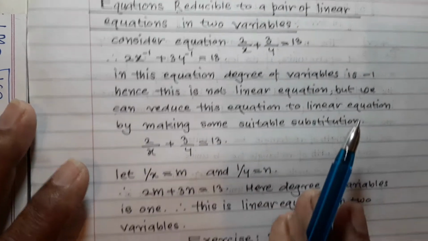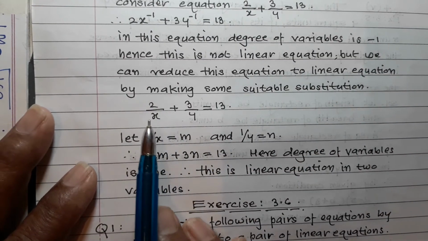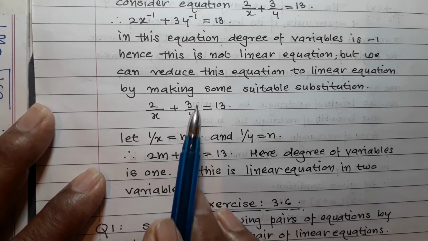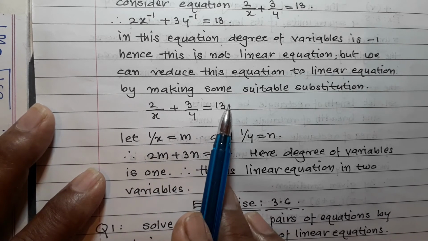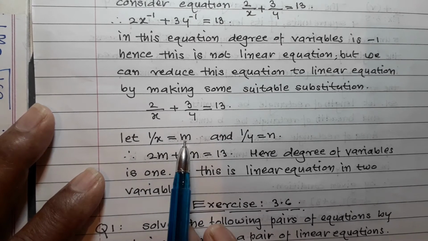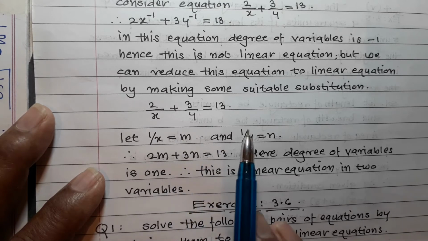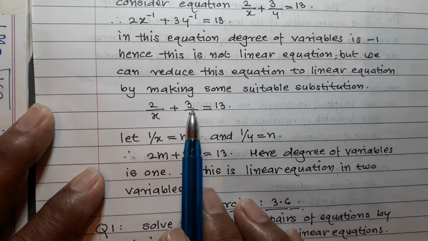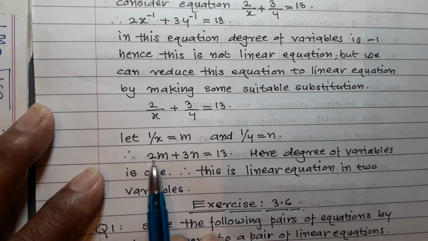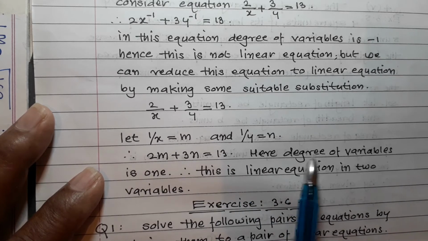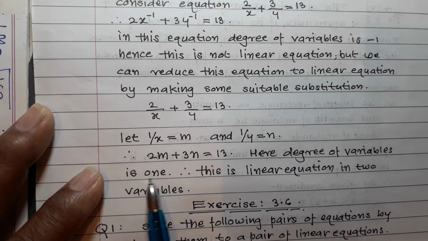But we can reduce this equation to a linear equation in two variables by making some suitable substitution. Now try to understand this situation. 2 upon x plus 3 upon y is equal to 13. If you substitute 1 upon x is equal to m and 1 upon y is equal to n, then this equation becomes 2m plus 3n is equal to 13, and here the degree of variables is 1.